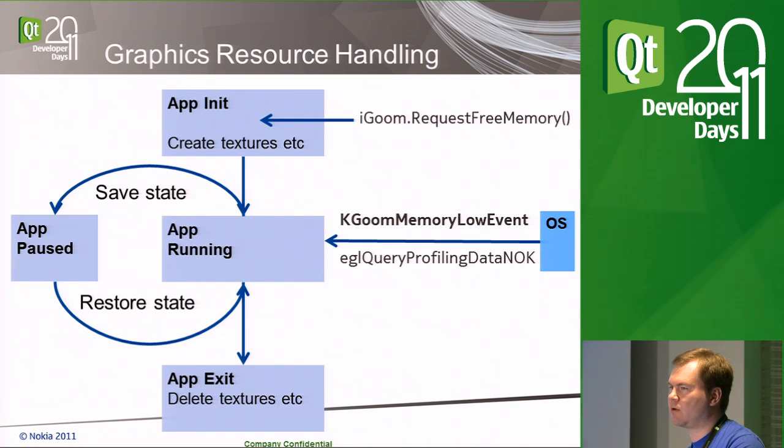Of course, it might be a good idea here not to recompile all your shaders. That takes time, and those are not taking so much graphics memory. And then we have a nice EGL query profiling Nokia extension. With that extension, you can actually ask every frame or any time you want the amount of free graphics memory in your system. So that's a good profiling tool for your development. And then, of course, in the app exit, you should just delete everything.